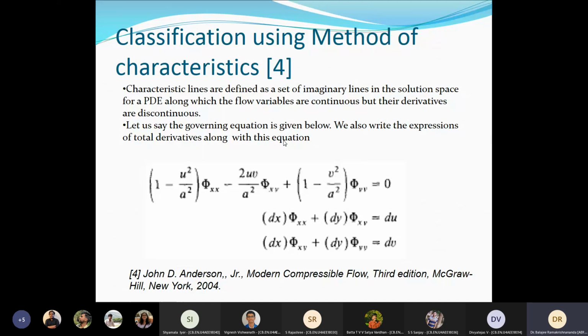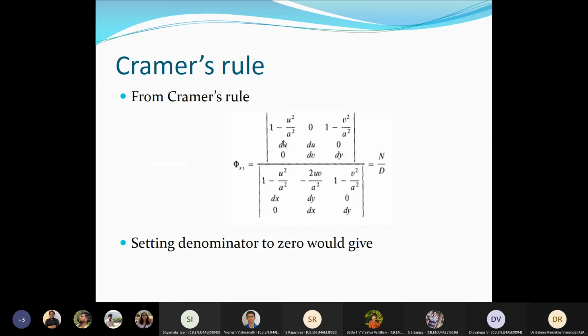Now, if you want to find these lines, all you have to do is set the denominator here to 0. The denominator is nothing but the definition of a characteristic line. If the denominator is 0, that means there is a condition for a characteristic to exist. So that will give you this.